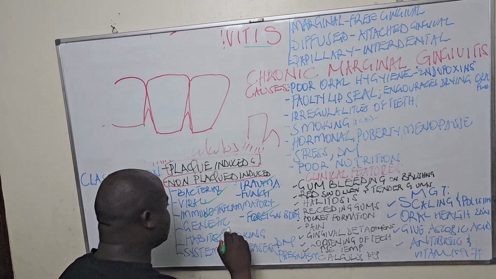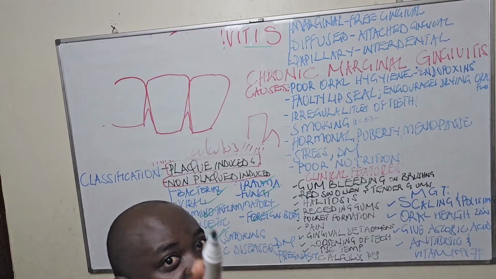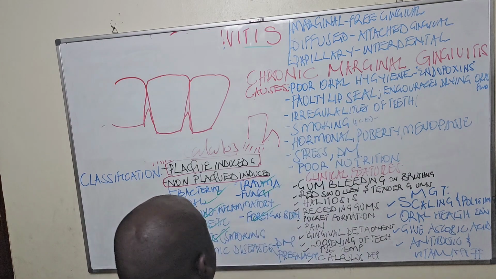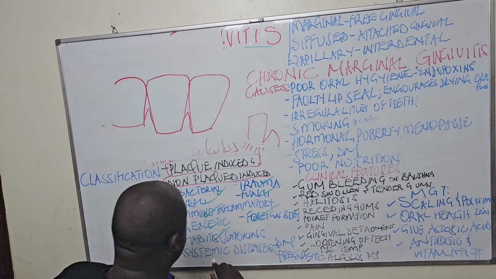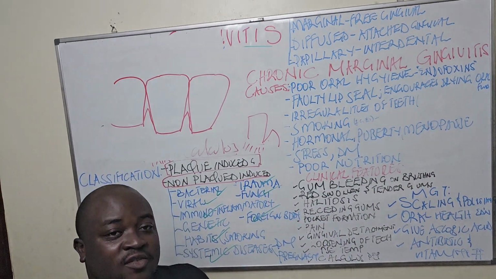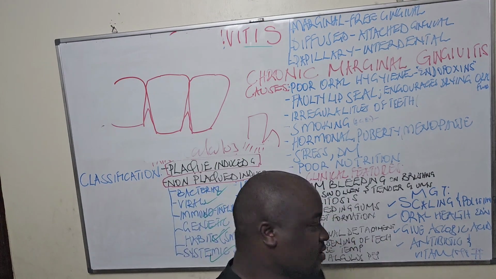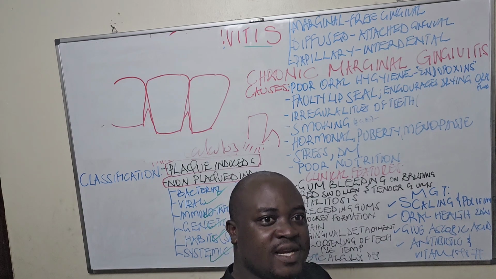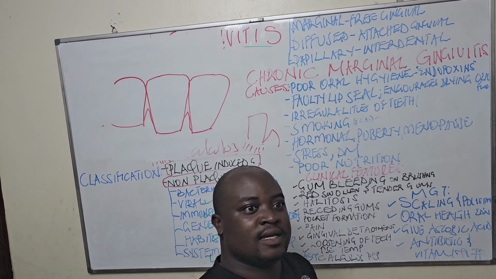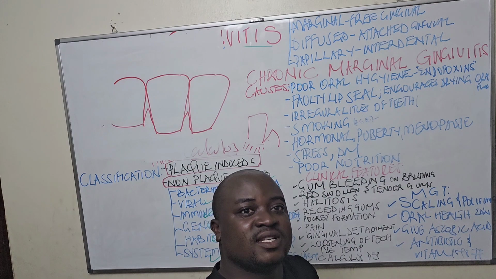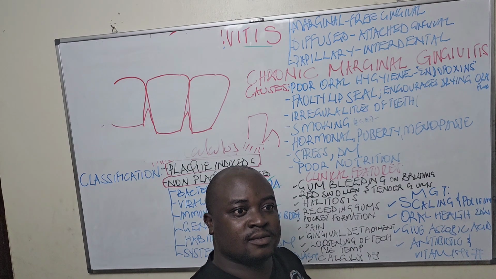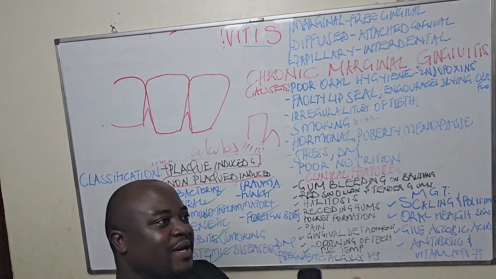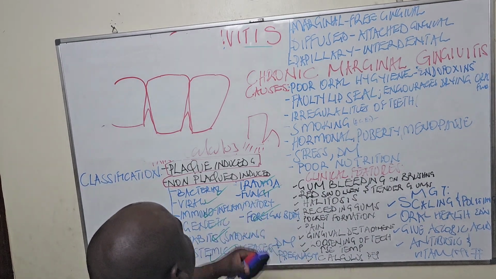Habits, for example smoking, we shall see how it causes it. Systemic diseases, for example diabetes, and pregnancy, the gingivitis in pregnancy. So all this can be non-plaque induced, and we also have plaque induced.